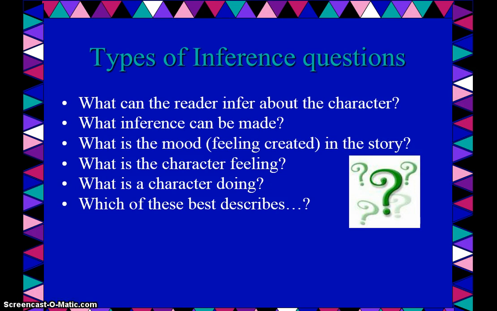Okay, so you need to look at these questions. You need to look at what you're given in the story, plus what you've experienced in your own past. So for instance, if you're looking at this one, what is the character feeling? You might see that the character is crying, or kind of talking nervously. You know, they're stuttering.